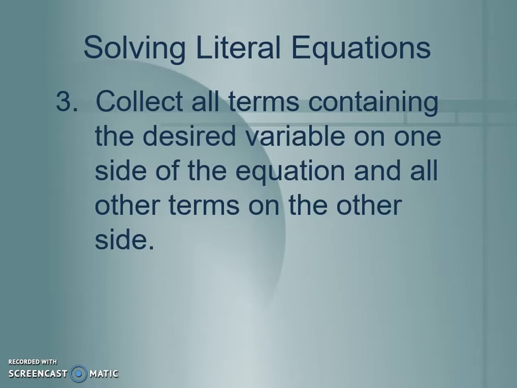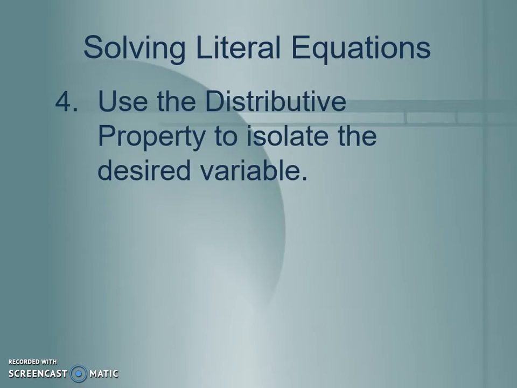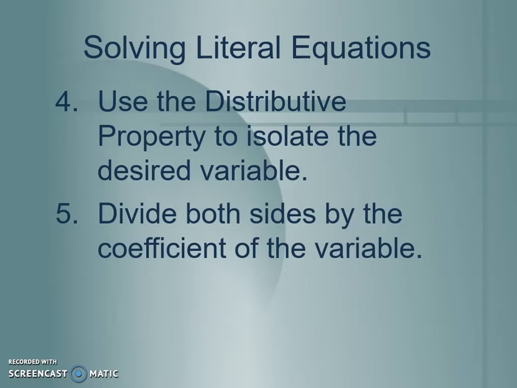So like we got all the x's on one side, everything else on the other for that last one. Use the distributive property to isolate the desired variable. So that was kind of like, I said, the reversed distributive property. We were pulling out that x and multiplying it by the quantity. And then divide both sides by the coefficient of the variable. That just means the thing that it was being multiplied by.